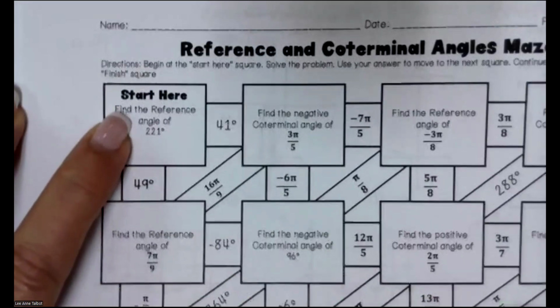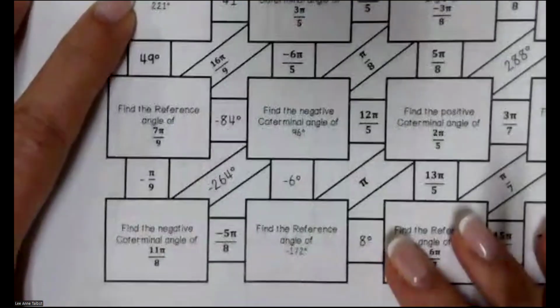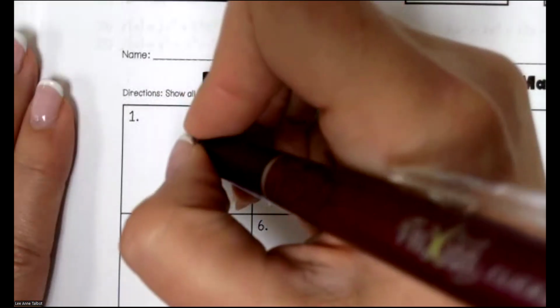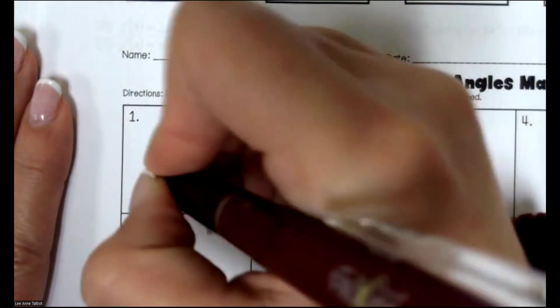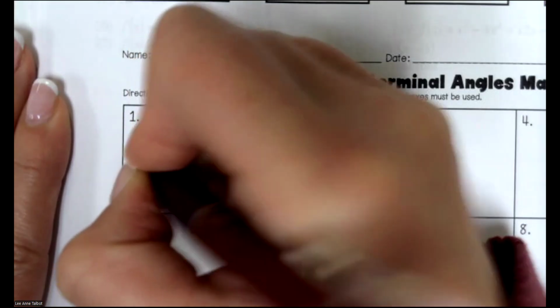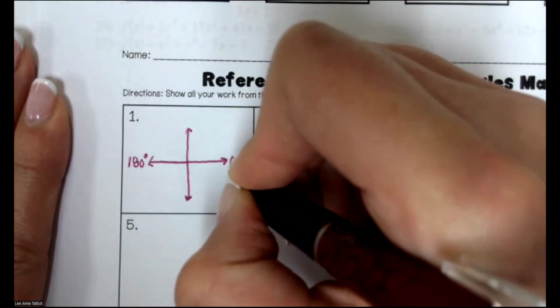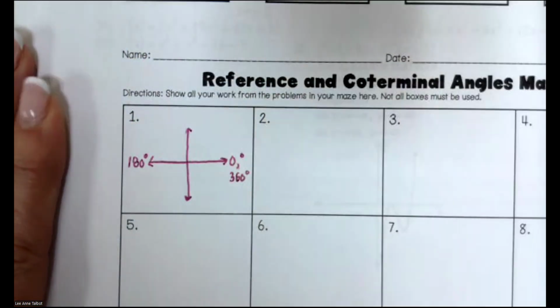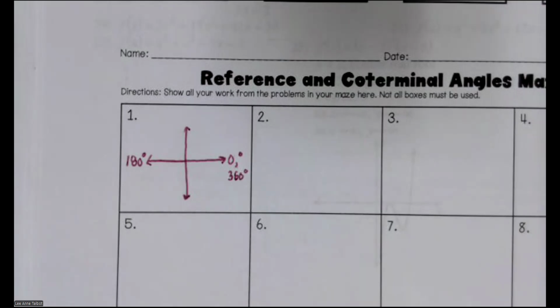Okay, start here. Find the reference angle of 221 degrees. Okay, so come down here. That's going to be the start of my little picture. Are you guys okay so far?